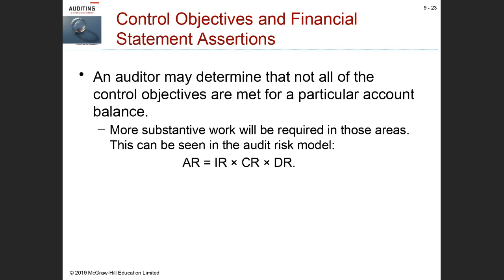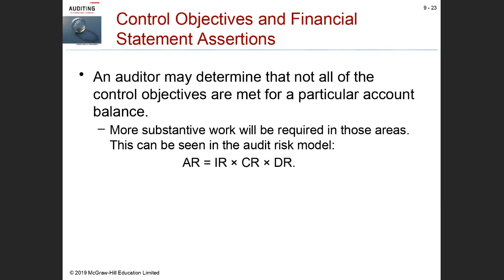DR, again, that's the auditor's own procedures. So to reduce detection risk, so to reduce the risk that the auditor would miss something, that their own audit procedures would fail to detect and correct material misstatement, the auditors have to do much more substantive procedures.